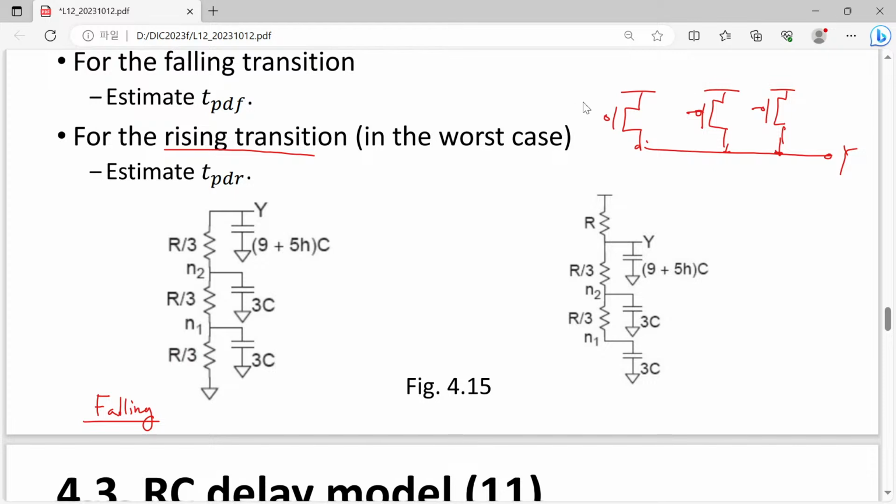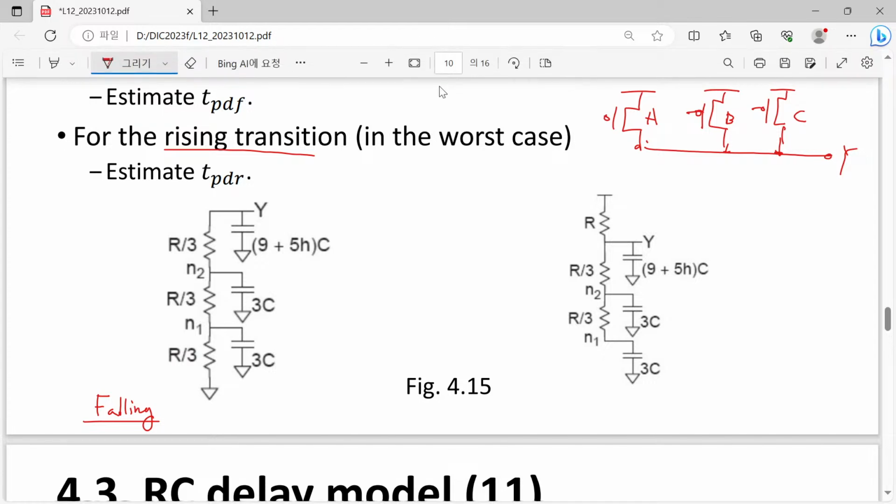But in this case we have transistor A, transistor B, and transistor C. What is the worst case? The worst case is when only one of them is turned on, so the weakest transition, or the slowest transition, can happen.